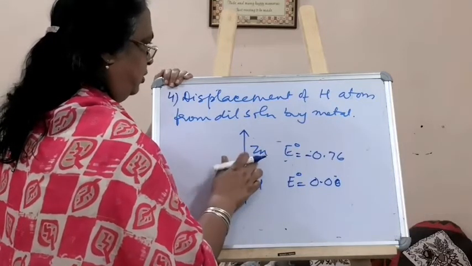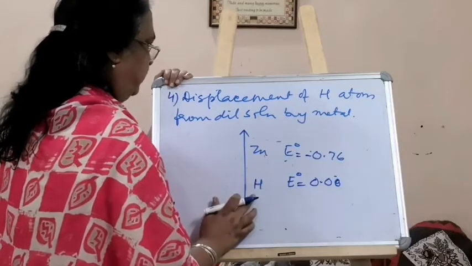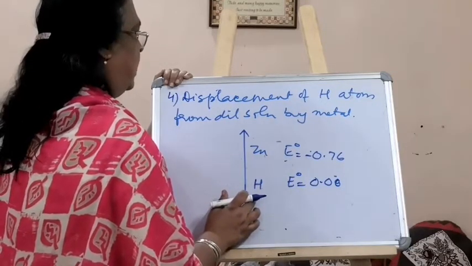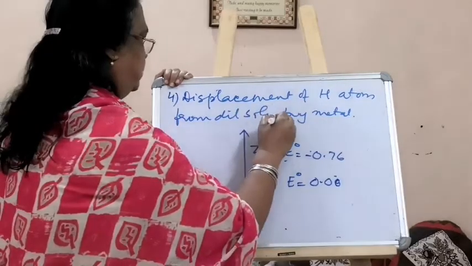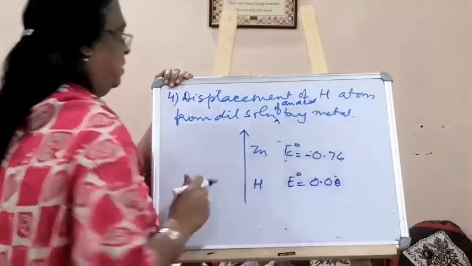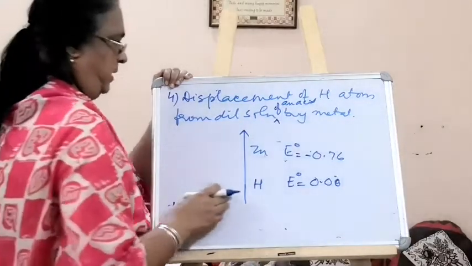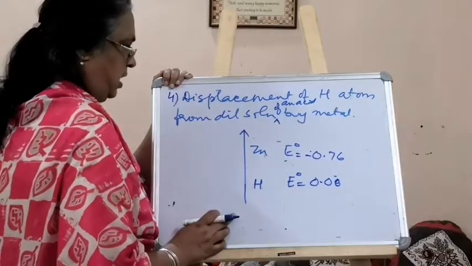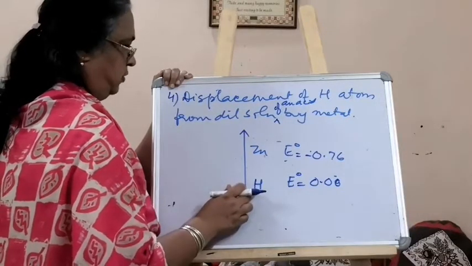Therefore, zinc is able to displace hydrogen from a dilute solution of an acid. So from an acid, only that metal can displace hydrogen which is above hydrogen. What is the reason?